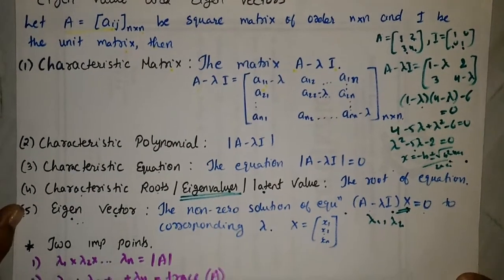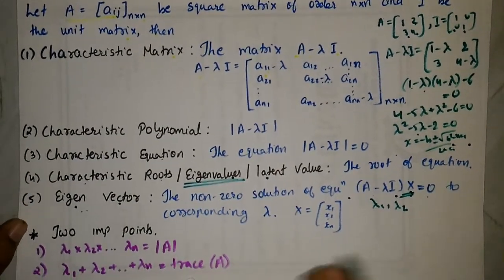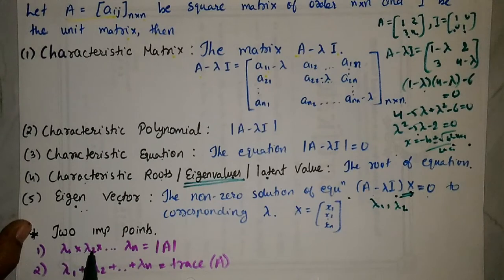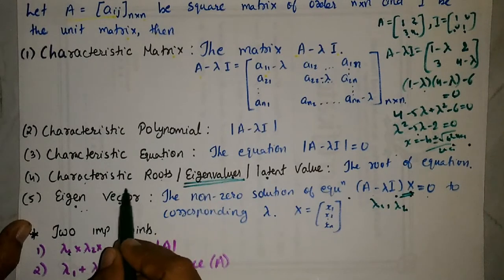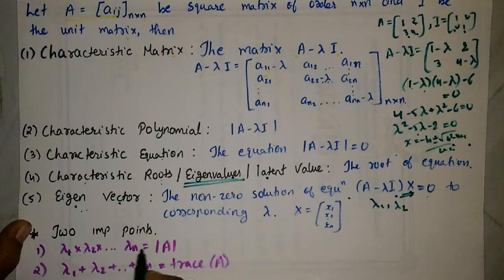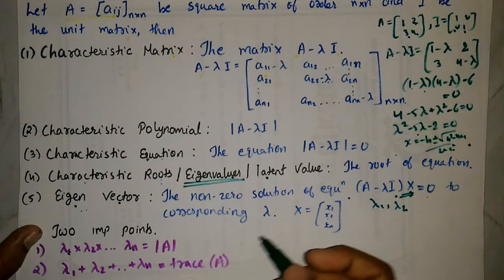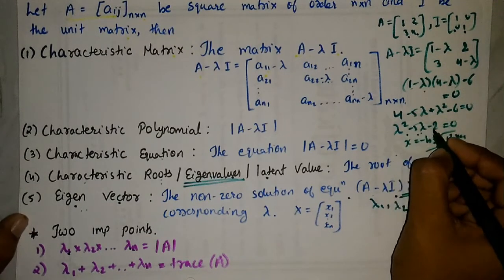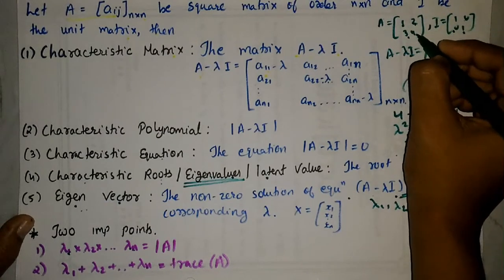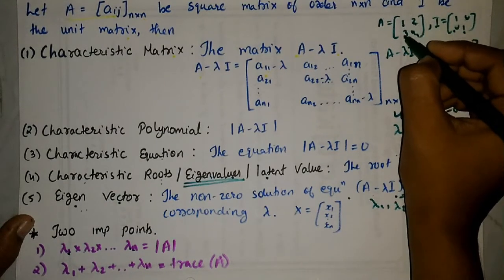Now there are two important points. If we have an n cross n matrix, then the product of all the eigenvalues, or characteristic or latent values, is equal to the determinant of A. If you want to check the equation, you can check by that. Here we can check the determinant of A: 4 minus 6, which is minus 2.